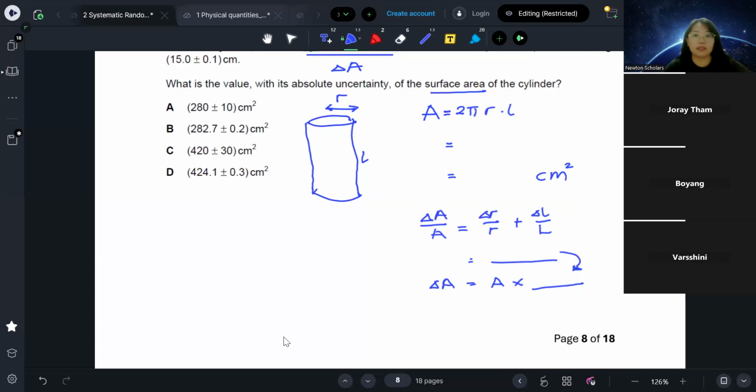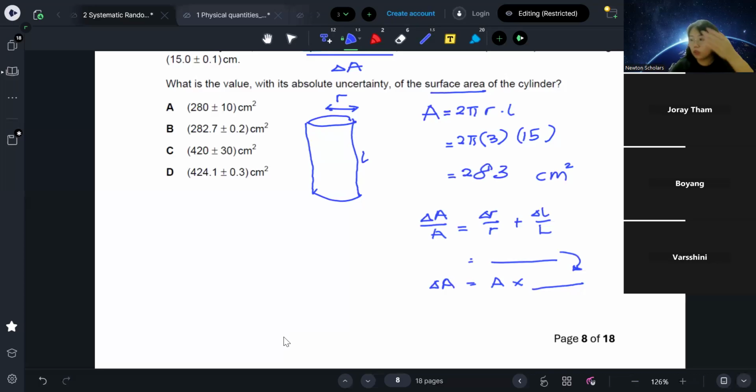Let me check. Yes, the answer is A. Correct. So, boys and girls, 2 pi, R is 3, and this one is 15. I calculate 2 times 3, or 2 times 2.7, it doesn't matter, we write it first.